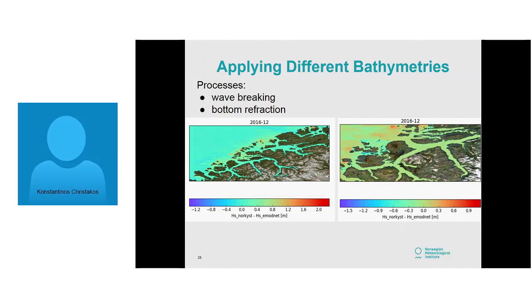And this is quite significant. The point is that we are not sure which is more correct than the other, so we need to do more validation here, because the bathymetry can affect these processes.